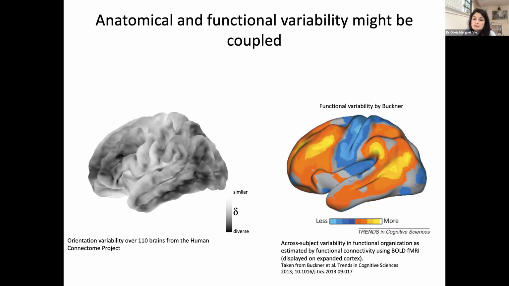The blue areas are less variable in FC, and are predominantly in the primary areas. Whereas the orange and yellow areas here are highly variable in FC and cover most parts of the association cortex, that is the higher order folds that are also responsible for higher order functions.